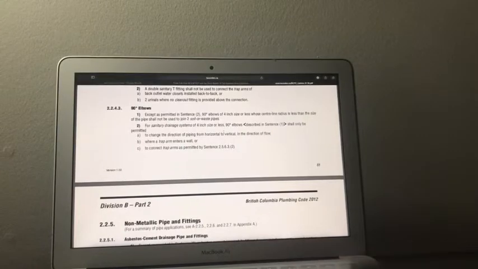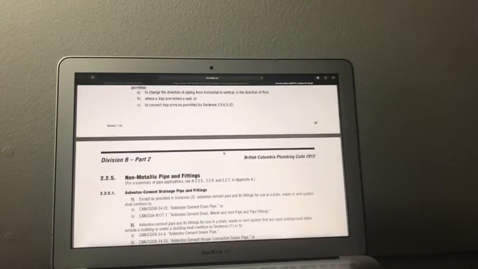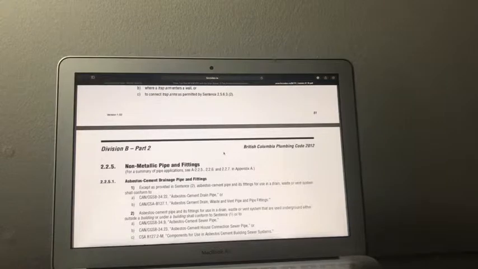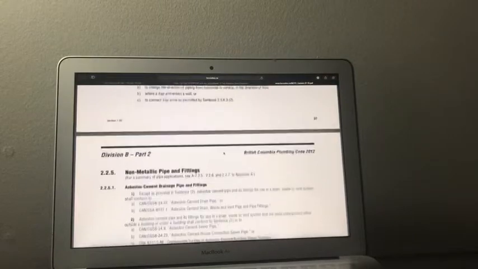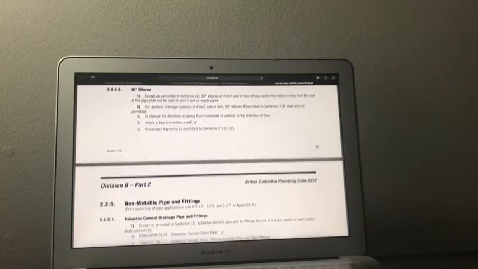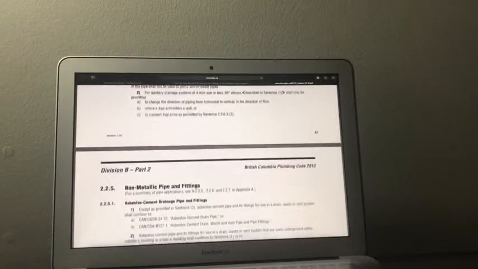Via my foreman, I did ask. But yeah, in my professional opinion, don't put a 90 to connect a tub. It's always 45s. But somebody above you may say to do that.